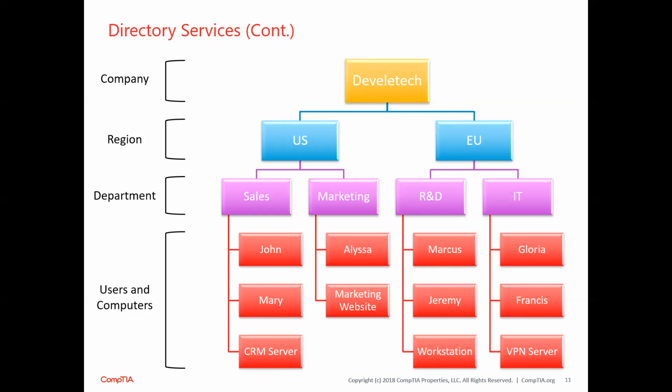Underneath those departments, you can also create other types of OUs, with objects such as users, like John and Mary, and CRM servers, where a server is a computer. So you can easily add any objects underneath a specific OU. That's how we use Active Directory services.